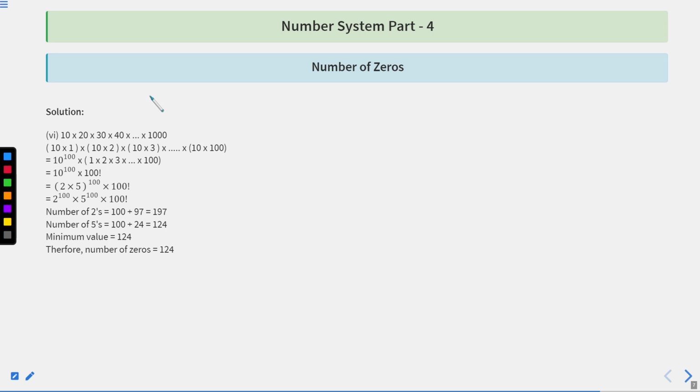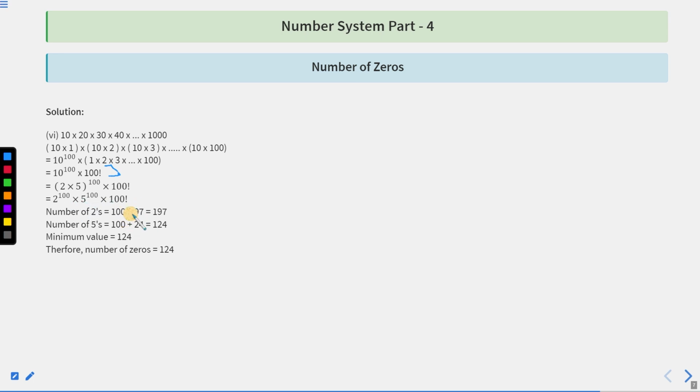Next question. 10 into 20 into 30 into 40 into 1000. Write 10 as 10 into 1, 20 as 10 into 2, and so on. Taking all the 10's together and writing it as 10 to the power 100, the remaining numbers 1 into 2 into 3 till 100 can be written as 100 factorial. Now you have 2 to the power 100 into 5 to the power 100 into 100 factorial.